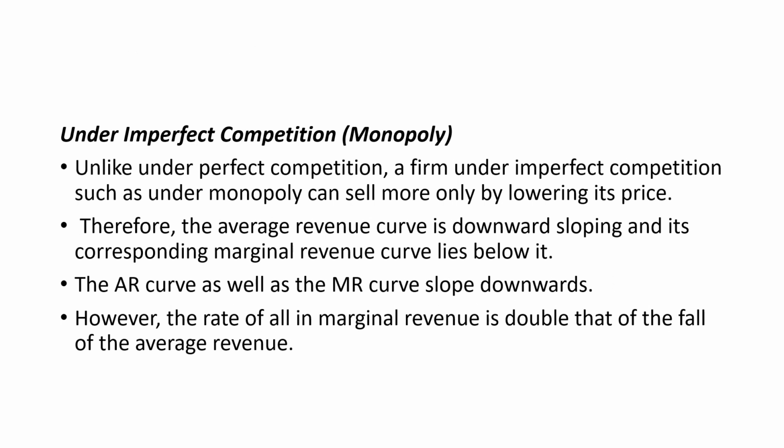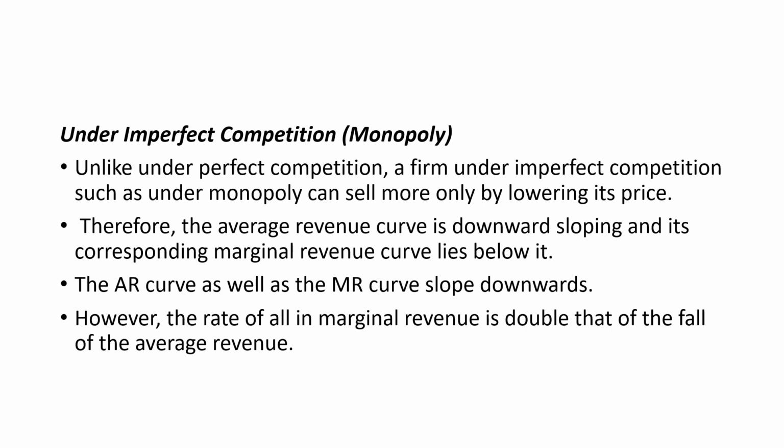Now, coming to imperfect competition, let us take the example of monopoly. You can take any example: monopolistic competition, oligopoly, monopoly, everything comes under imperfect competition, because there are imperfections. There would be asymmetric information in the market, I mean, information is not symmetric.